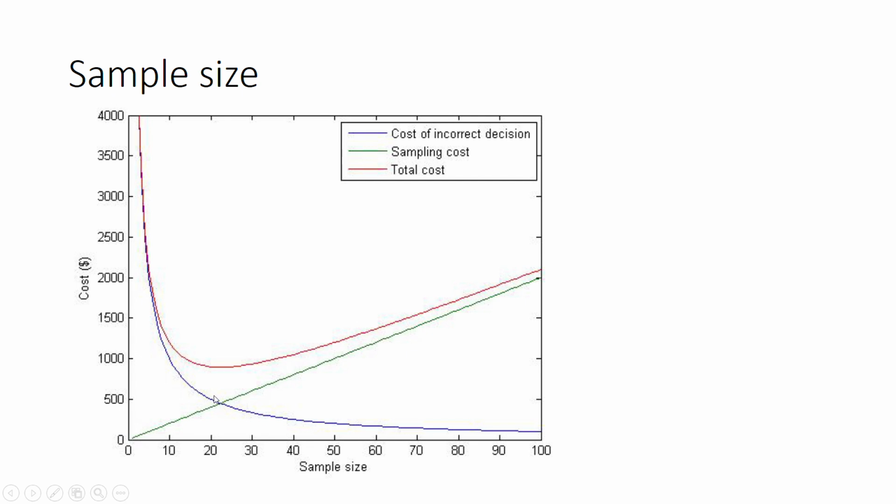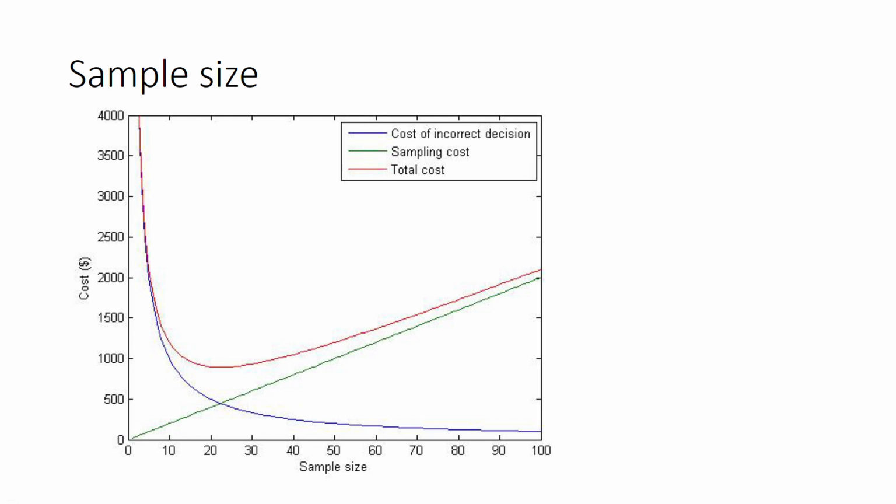So the total cost associated with an experiment is the sum of these two costs, and there is a region that is optimal. It is also interesting to understand that in this experiment that I have drawn here, the sample size is somewhere between 20 and 30, and it is not that it is 27 and not 26.